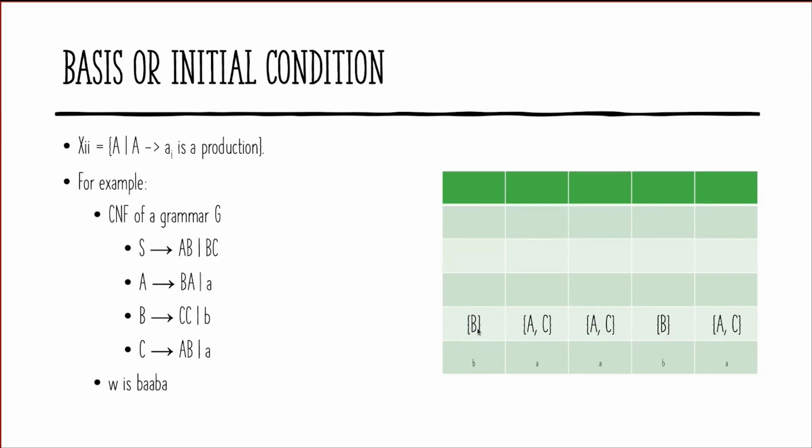So my X11 will be a set of a single variable, and this variable is B. Similarly for a, we have two rules, A goes to a and C goes to a, so this set will contain two variables. I have only two types of terminals here, so we have B for a single b and A, C for a single a.